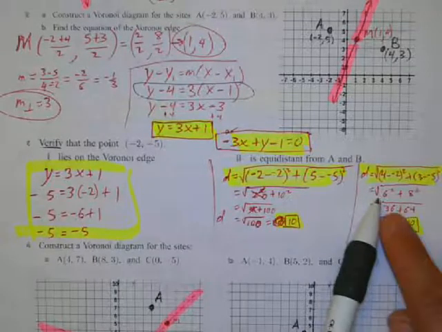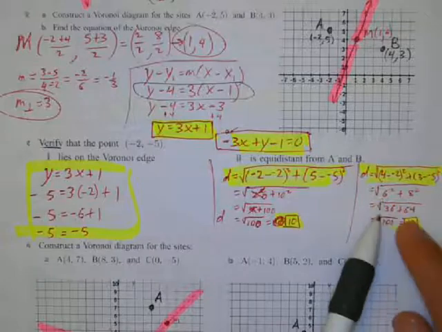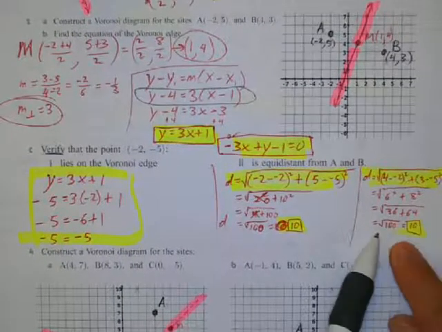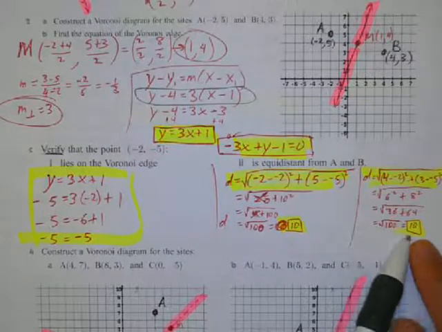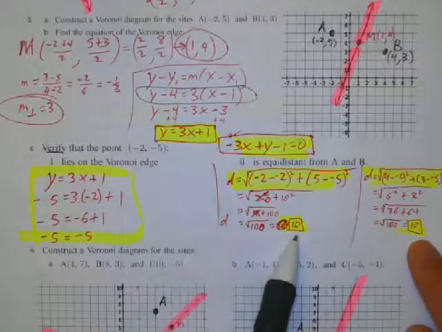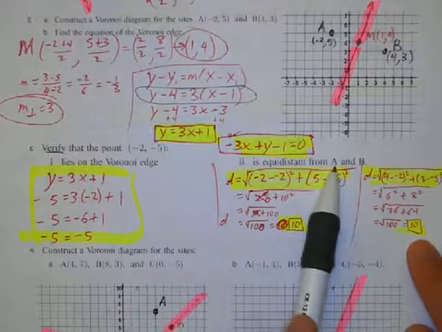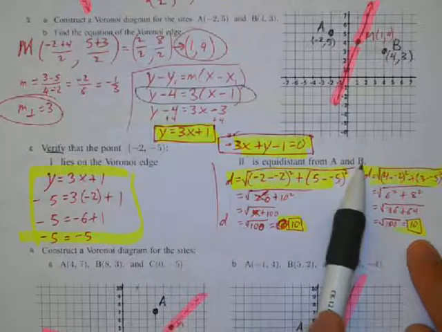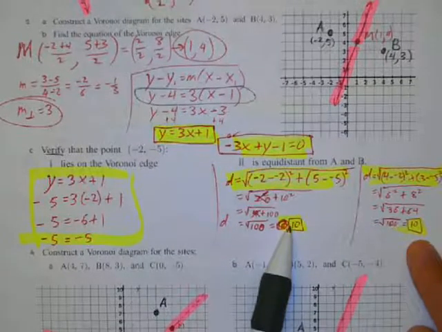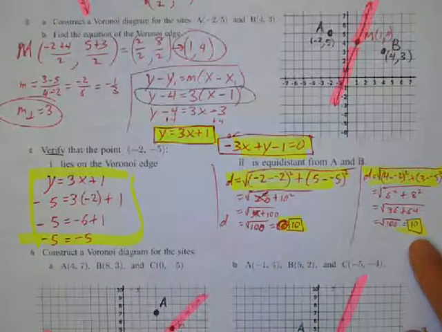So 6 squared is 36, 8 squared is 64. Added together, that's 100. Square root of 100 is 10. So I've just verified that the distance from A to this point and the distance from B to this point are the same. We're going to be using a lot of distance formula with Voronoi diagrams.